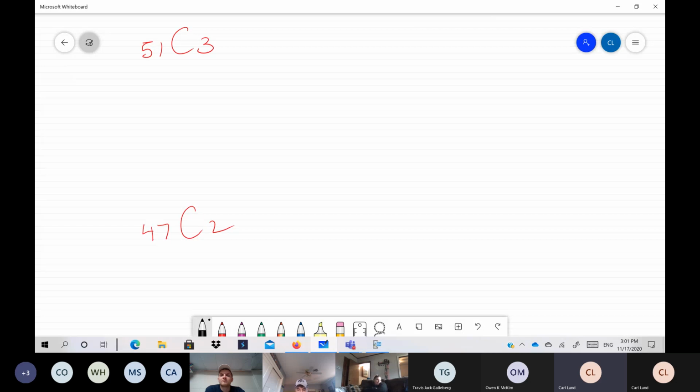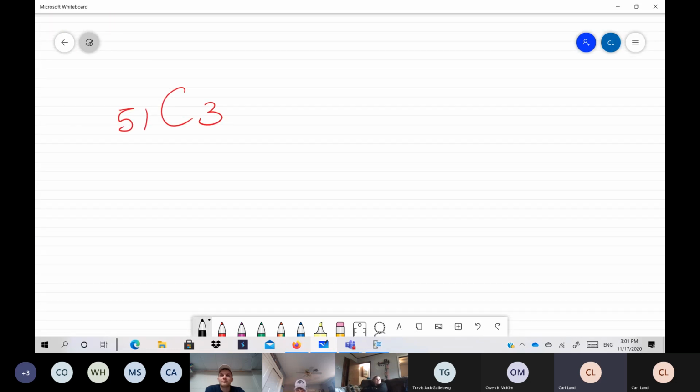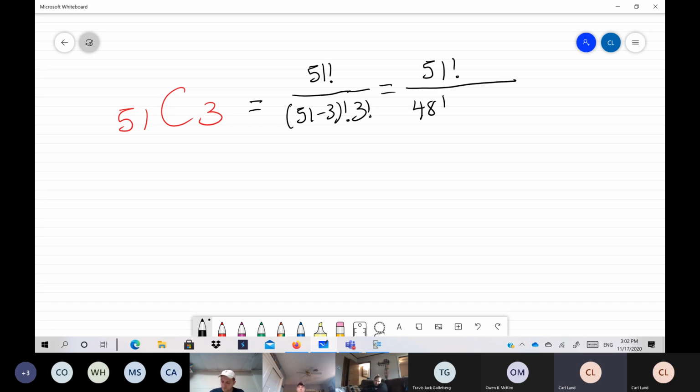There we go. So let's begin by doing our combination formula for 51C3. This would equal, 51 is our n, so that's 51 factorial over 51 minus 3 factorial times 3 factorial. So that's 51 factorial over 48 factorial times 3 factorial.